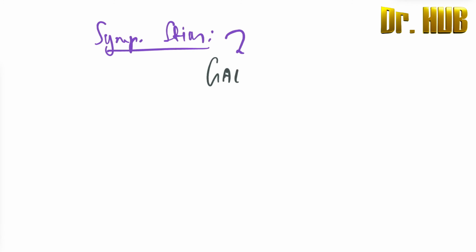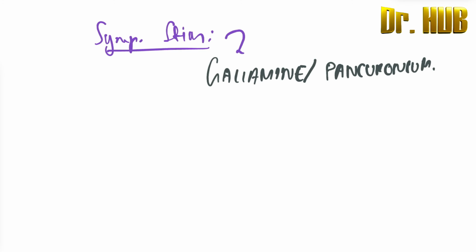Now the muscle relaxants which have sympathetic stimulation. Sympathetic stimulation is seen in the case of gallamine as well as pancuronium. Now we will look at the muscle relaxants with vagolytic activity.